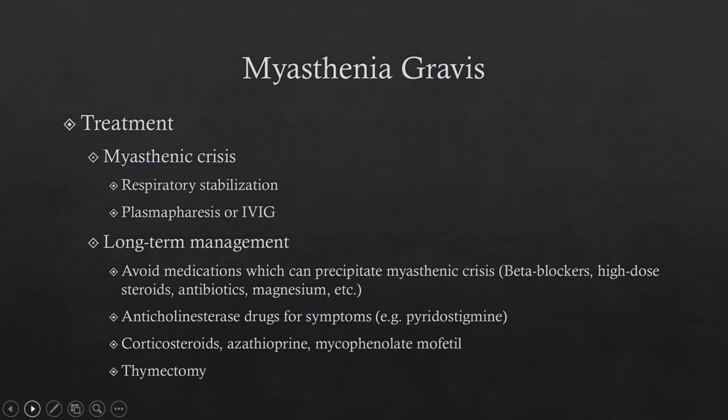Depending on what different centers do, they might start at maybe 15 or 10 milligrams of prednisolone and then increase by 5 on alternate days, targeting a dose of 1 milligram per kg per day. So this is your objective in terms of the steroids. You increase them gradually because they can precipitate a myasthenic crisis.